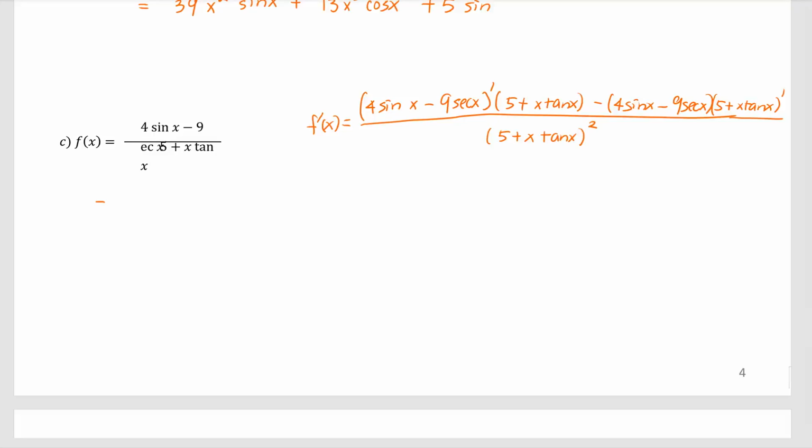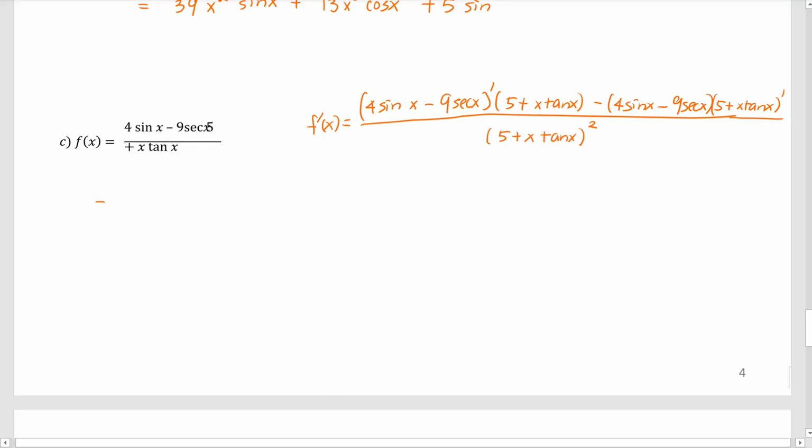Even though I go back, it wouldn't work. Oh, is this 9 secant? Okay, let me see what's wrong. Okay, and is this 5? Okay, is this the one we have? I think so. Okay, I'll try to not touch it.